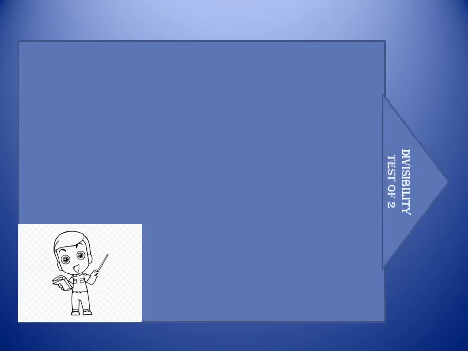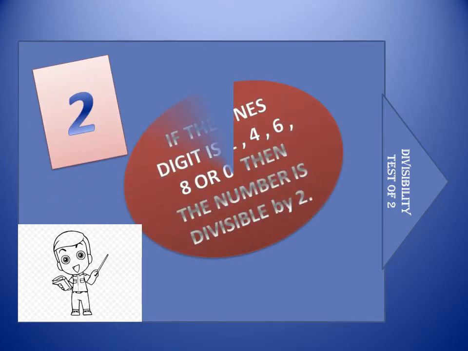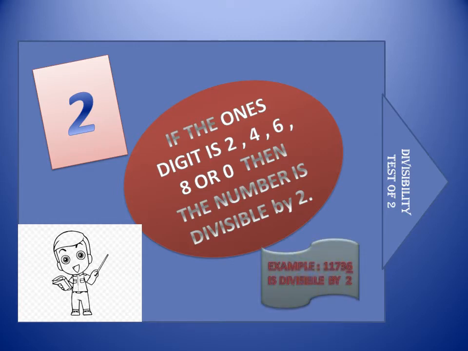A number is divisible by 2 if the digit at the ones place is 2, 4, 6, 8 or 0. That means however big the number is, we have to check the digit at the ones place alone. Here we have an example: 11,736.